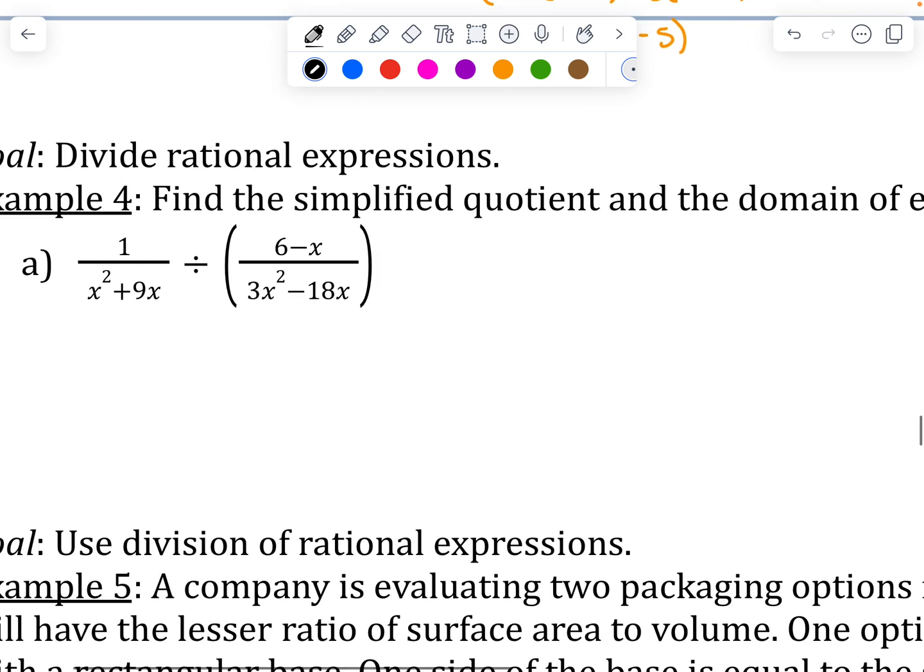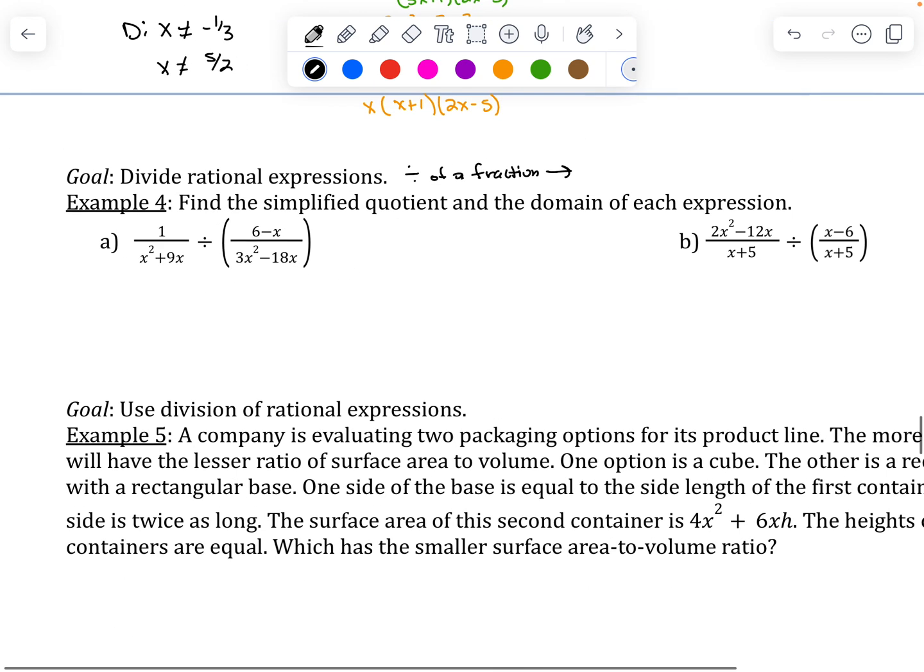Okay, here's the thing. When you're dividing by a fraction, is realistically multiplication of the reciprocal, aka the flip.